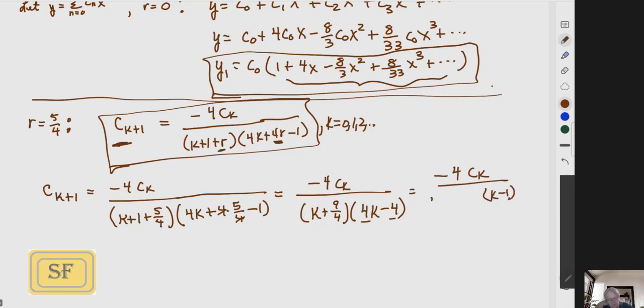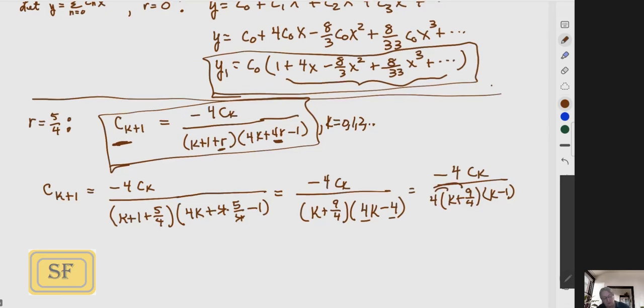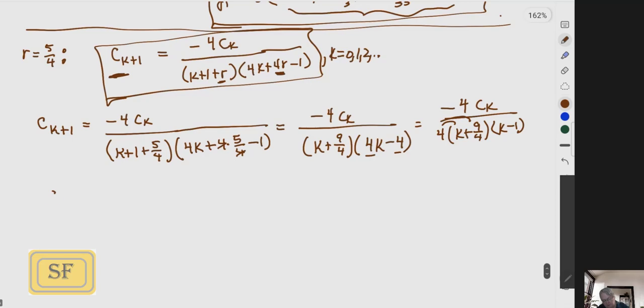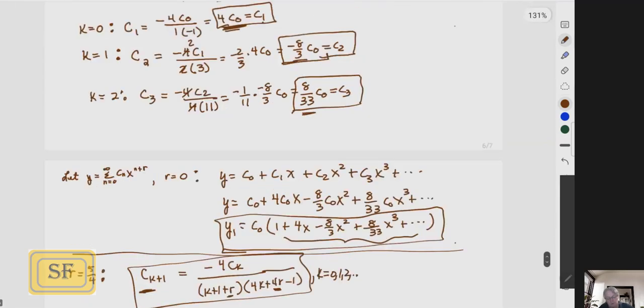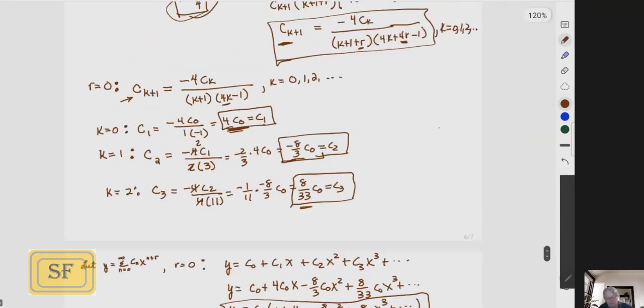And I'm going to put it in front of the k plus 9/4 so that I can distribute and I won't have to work with fractions. So we get c sub k plus 1. Well, we'll still have fractions, but we won't have fractions within fractions. 4k plus 9 times k minus 1. That's true for k equals 0, 1, 2, and so forth.